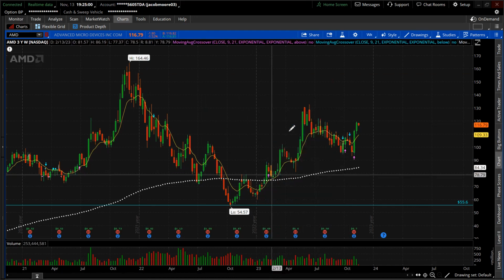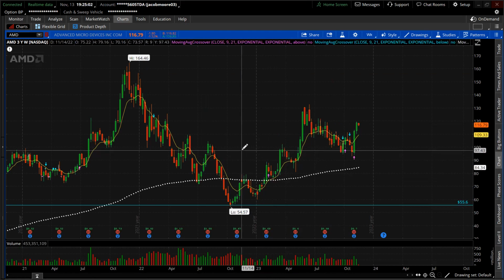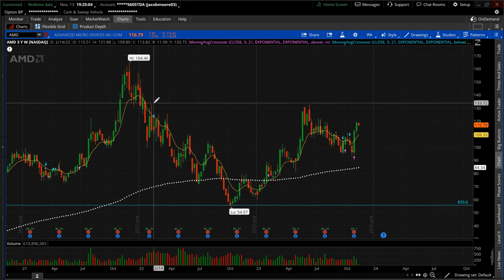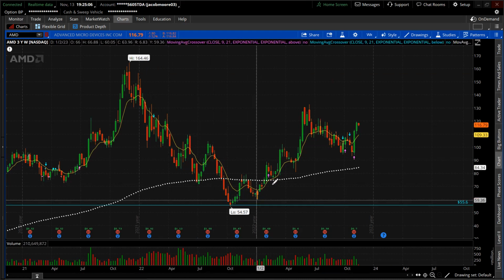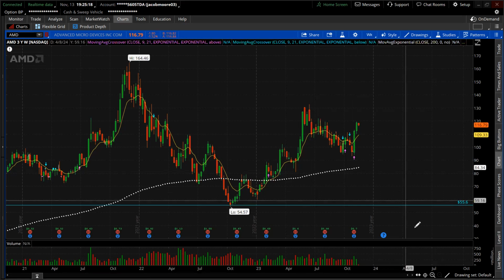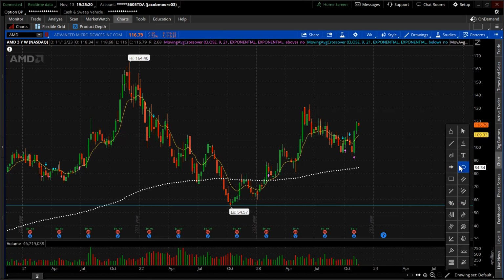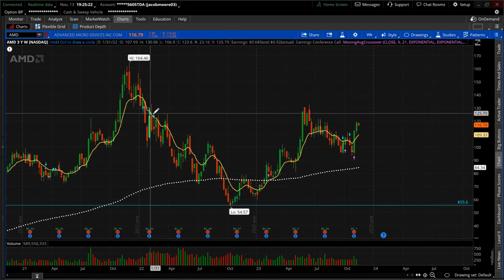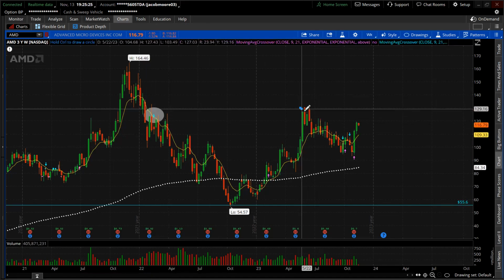When you think of a cup and handle, you need to go around 30% of the cup. Right here's one cup. And what can you also say that is? Double top. Exactly. So not only are we bullish, we can trade this to the downside as well.